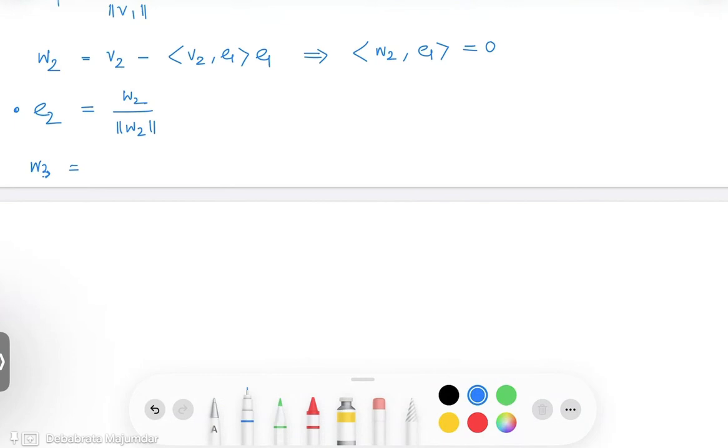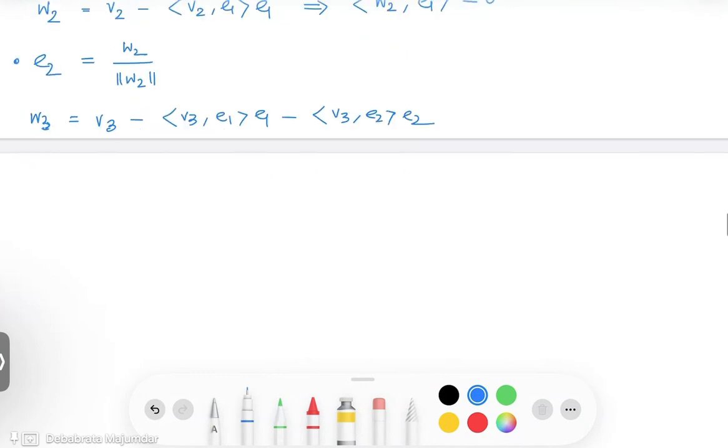Basically, W3 is V3 minus inner product of V3 with E1 times E1, minus inner product of V3 with E2 times E2. Okay, this is W3.